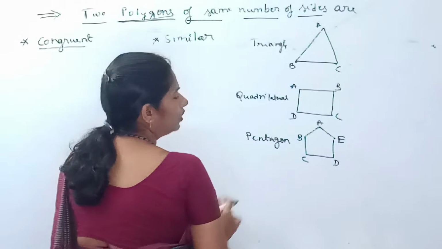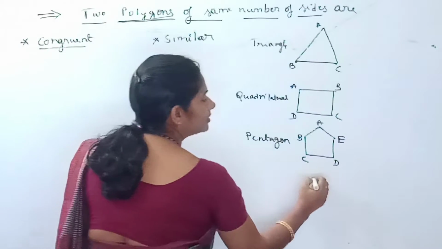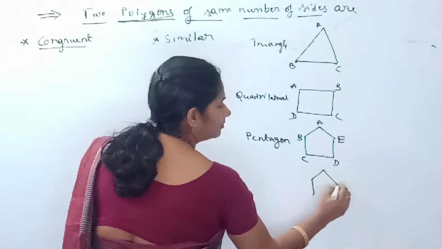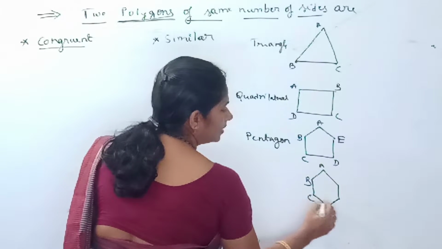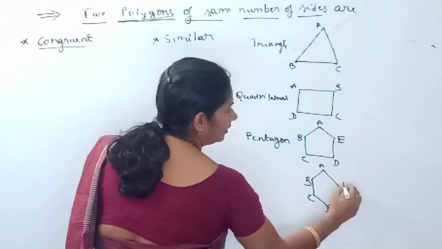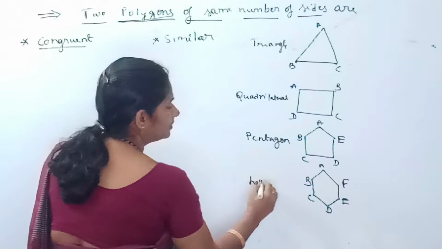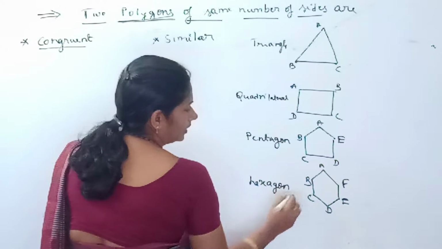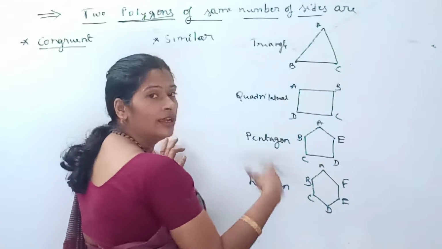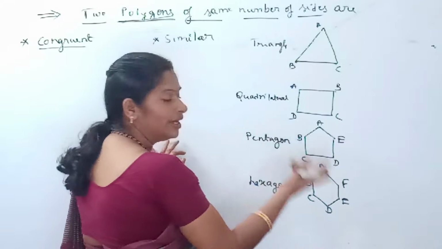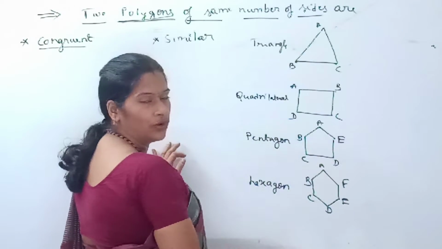Similarly, a polygon of 6 sides is called a hexagon. ABCDEF is called a hexagon. Similarly, if the polygon has 7 sides, heptagon, 8 sides, octagon, nonagon, decagon and so on.